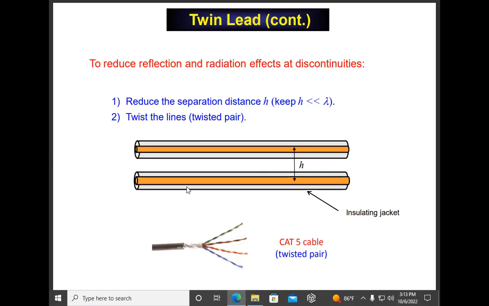But then you go from one twist to the next. Now the currents look like this, right? So they also change going from here to the next twist, right? So not only do you get this canceling effect between the two wires, which is good, but you get this canceling effect from one twist to the next. And that's the best you can do if you want to minimize radiation and EMI on a twin lead. And that becomes a practical Cat5 cable, right? That's why they do it that way. So here's the Cat5 with several different twisted pairs inside of it.